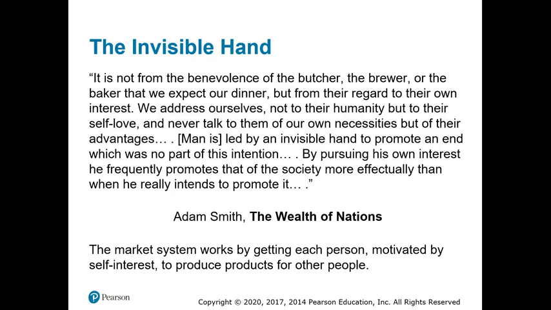We address ourselves not to their humanity, but to their self-love, and never talk to them of our own necessities, but of their advantages. Led by an invisible hand to promote an end which was no part of his intention, by pursuing his own interests, he frequently promotes that of the society more effectually than when he really intends to promote it."